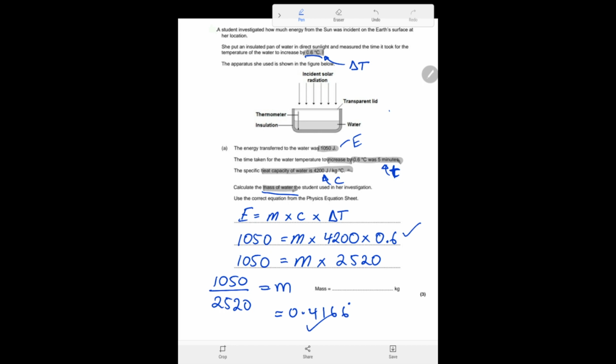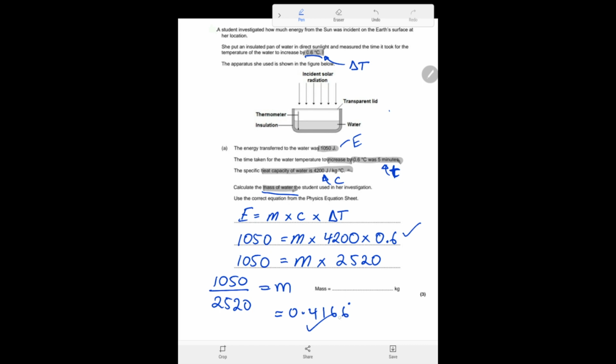But if I look at my variables in the question, I have two significant figures there, I have one significant figure here, and I have three significant figures there. I now need to make a judgment. Should I write down my answer like this, or should I simplify it?